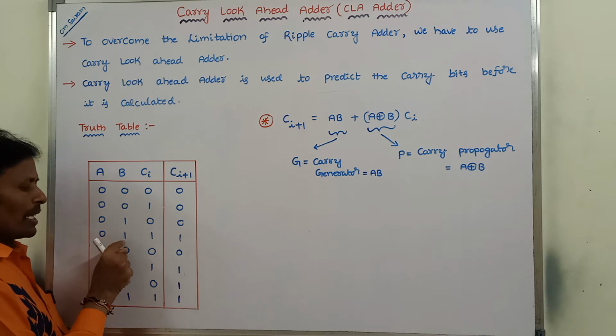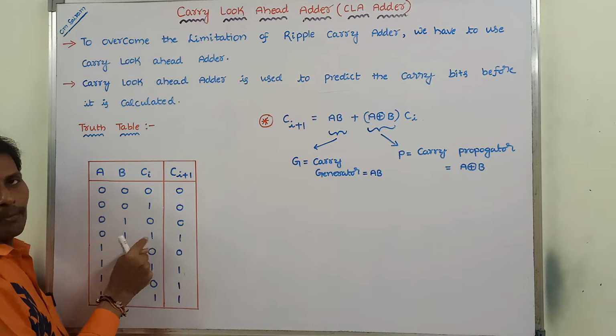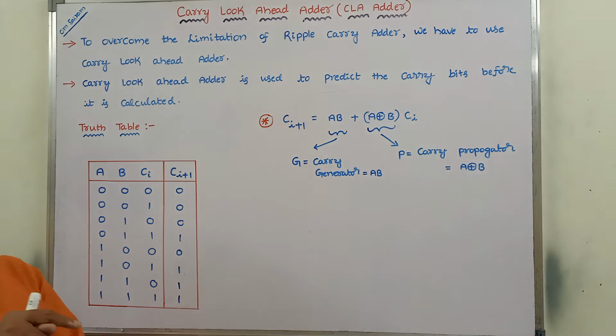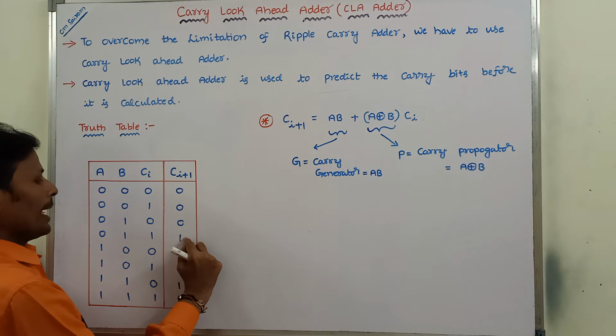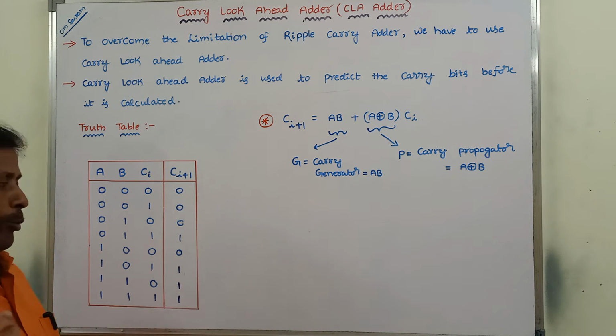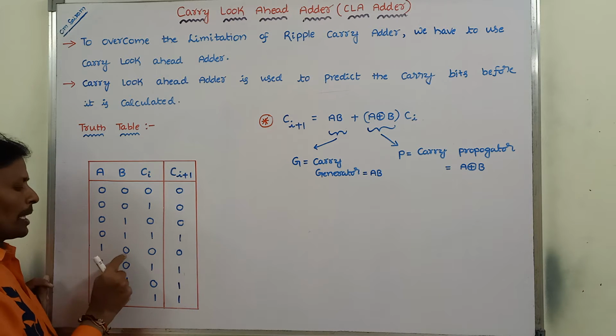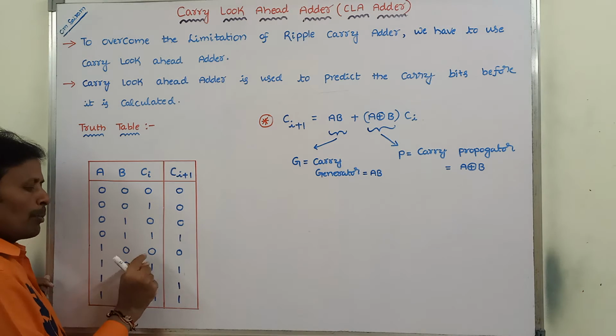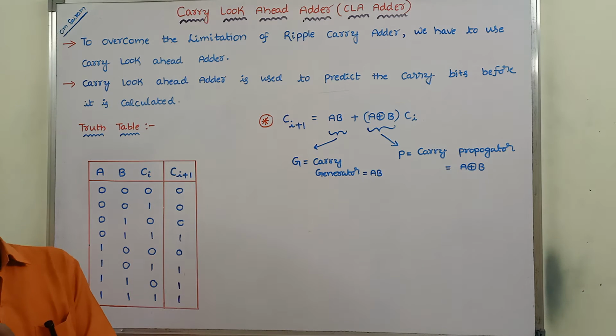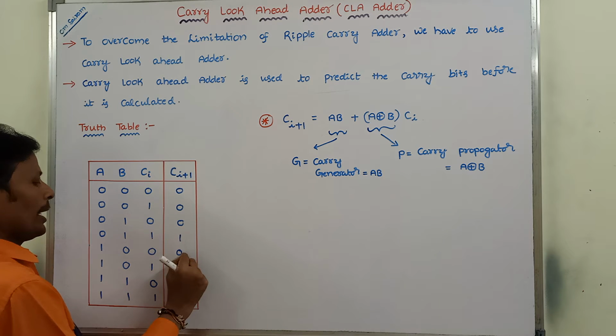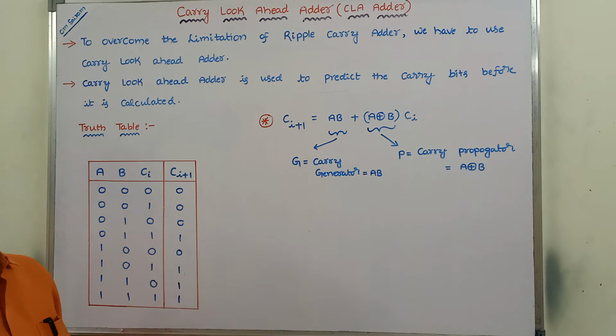Next, 0 plus 1 is 1, 1 plus 1 is 0 with carry 1, so the carry value is 1. Next, 1 plus 0 is 1, 1 plus 0 is 1, sum value 1, no carry is generated, so its value is 0.